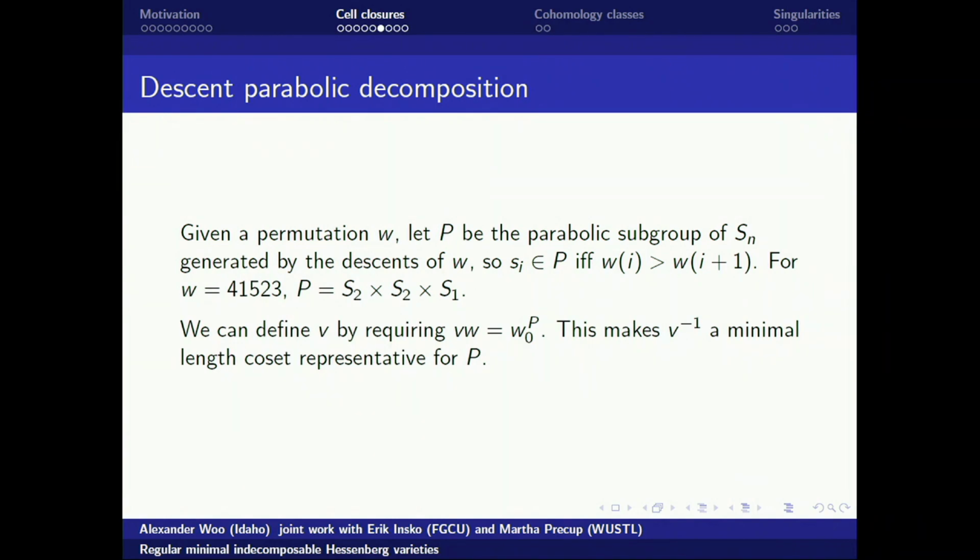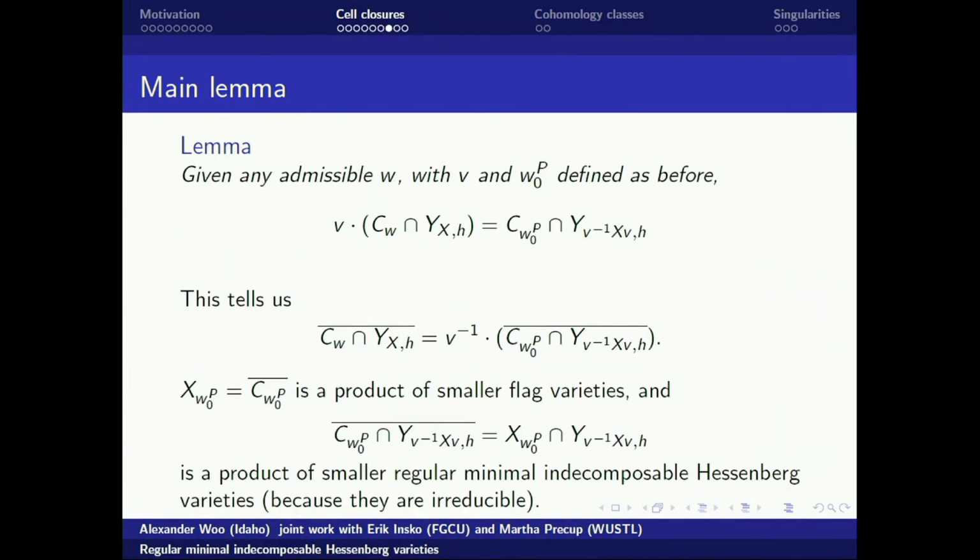Okay? So I have 4, 1, 5, 2, 3. It has descents between the first and second spot, and between the third and fourth spot. So I should hit it with whatever is necessary to make it 2, 1, 4, 3, 5. And the lemma is, if you hit it, then you actually land inside the Schubert cell.